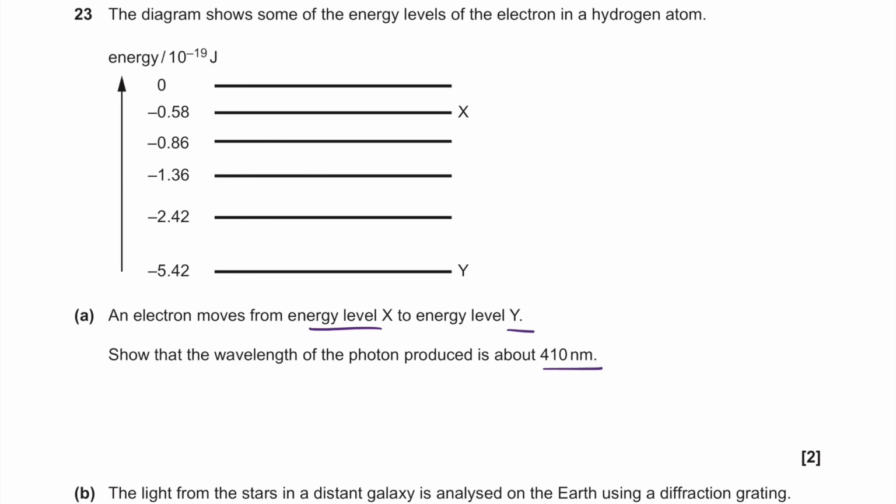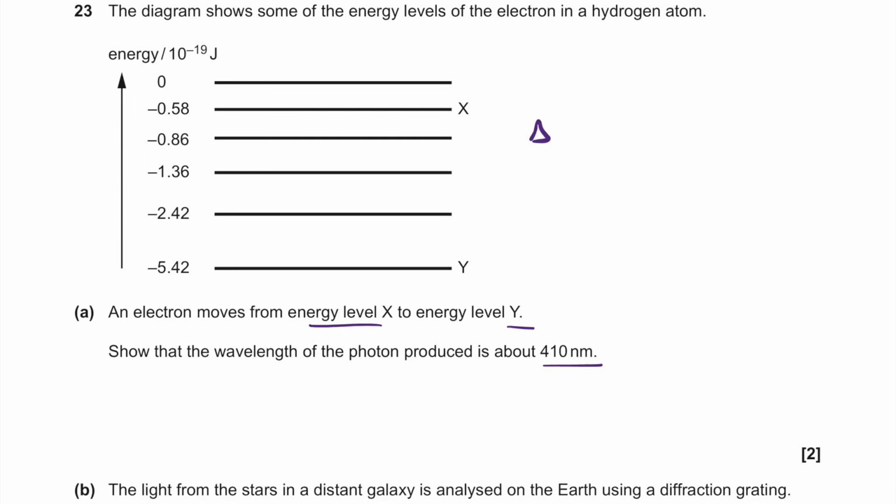So we know that the energy gap is equal to the energy of the photon. So if you have an electron over here going down, then it just means that a photon would be released. And that is hf, the energy of the photon, which can also be written as hc over lambda.